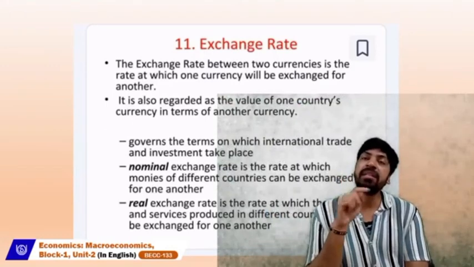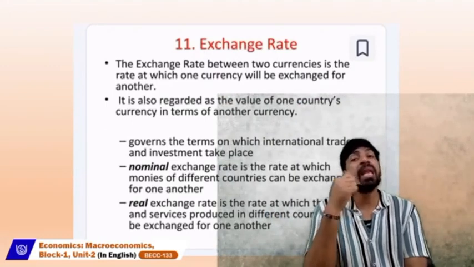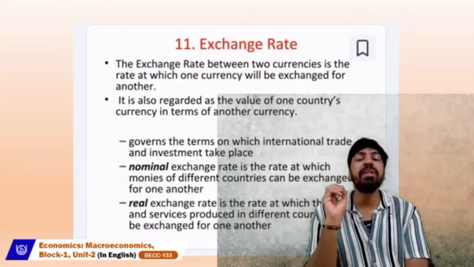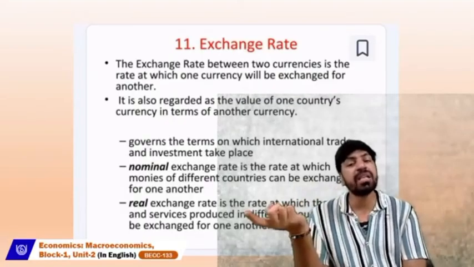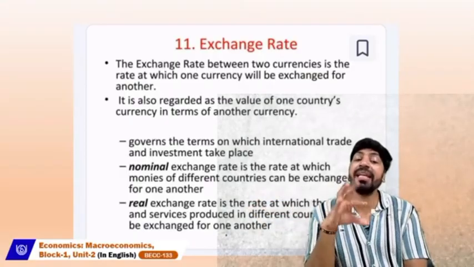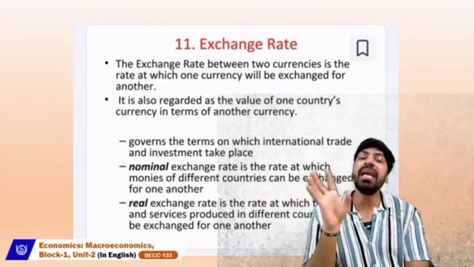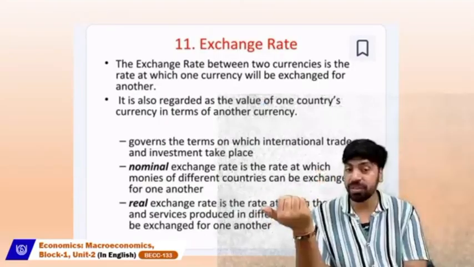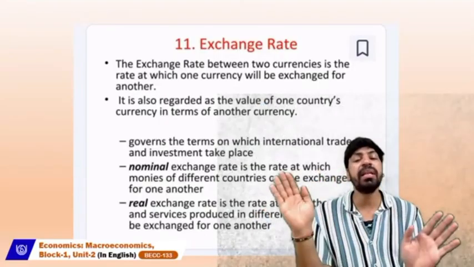When a firm of any country produces goods and services for different countries and the currency gets exchanged, the real exchange rate will apply in that situation. Otherwise, a nominal exchange rate would exist.